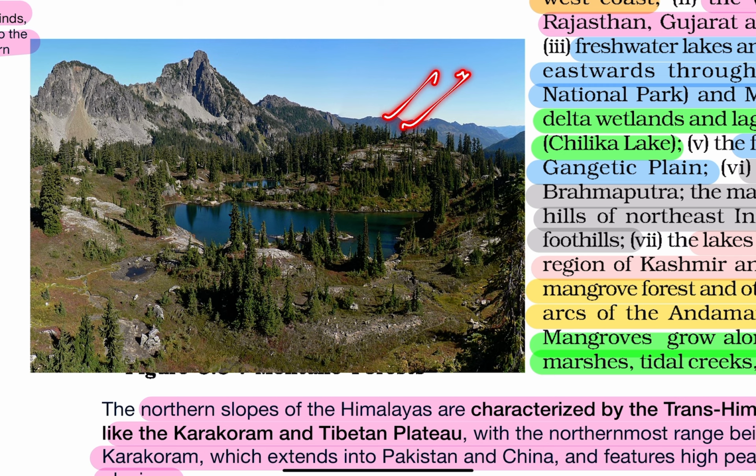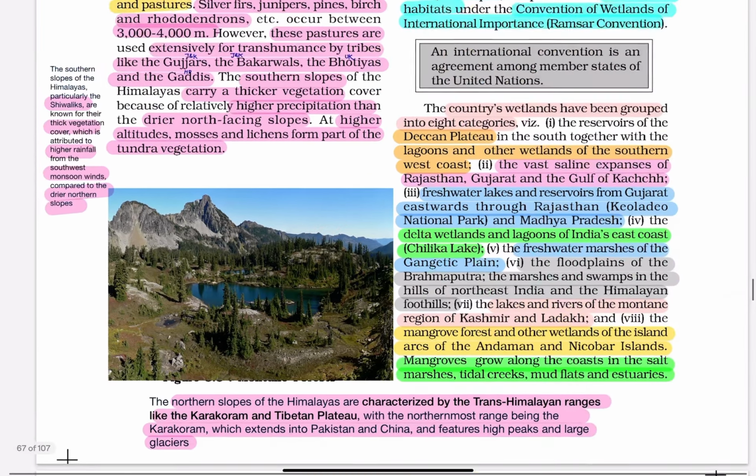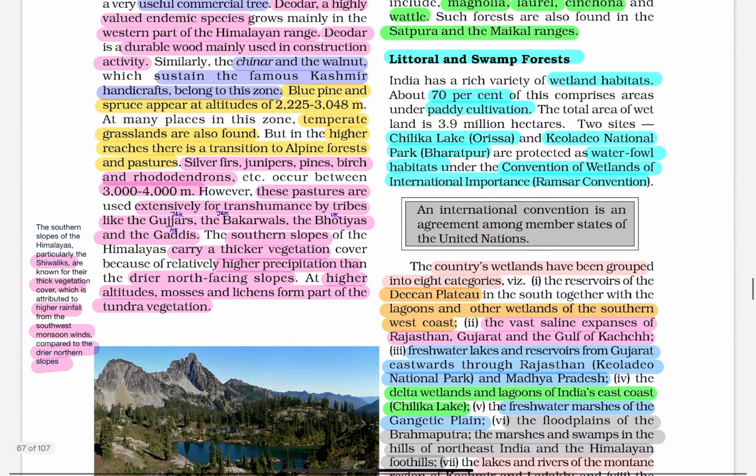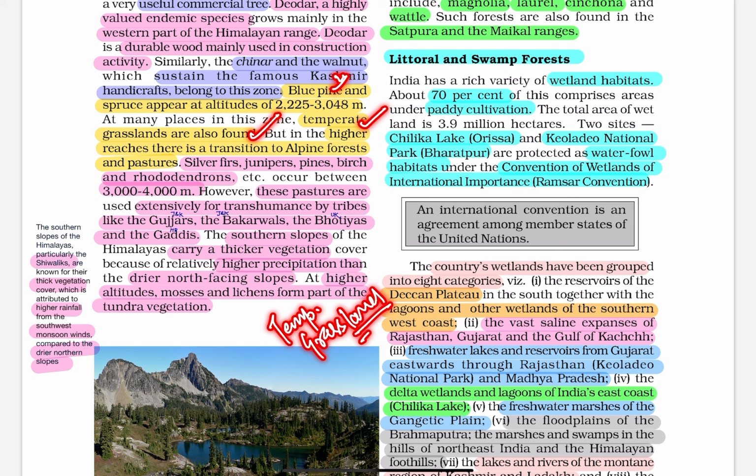In many places in this zone, temperate grasslands are also found, like you'll find in several European countries belonging to the higher latitude zone. But here they are found in the higher reaches.